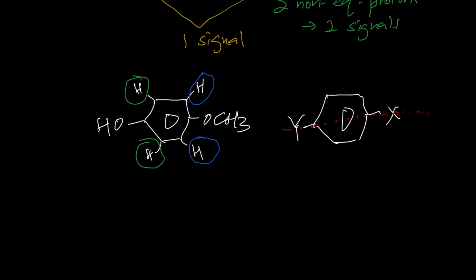This hydrogen and this hydrogen, these two, they are the same. And you have one hydrogen here from OH. This will give you another signal. And you still have one more hydrogen here. These three hydrogens will give you another signal.